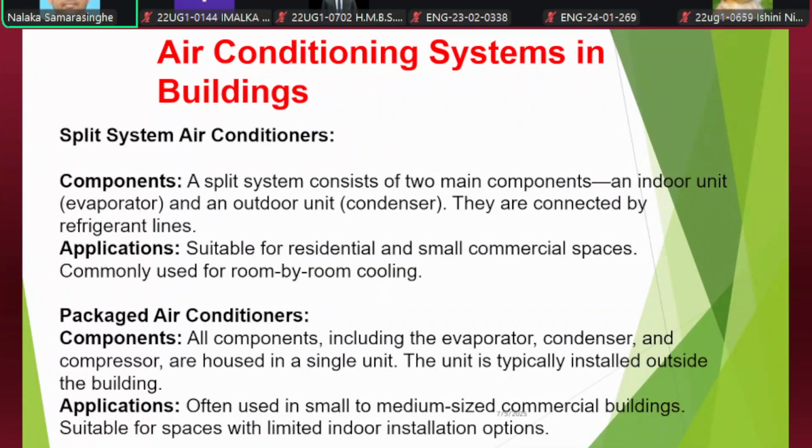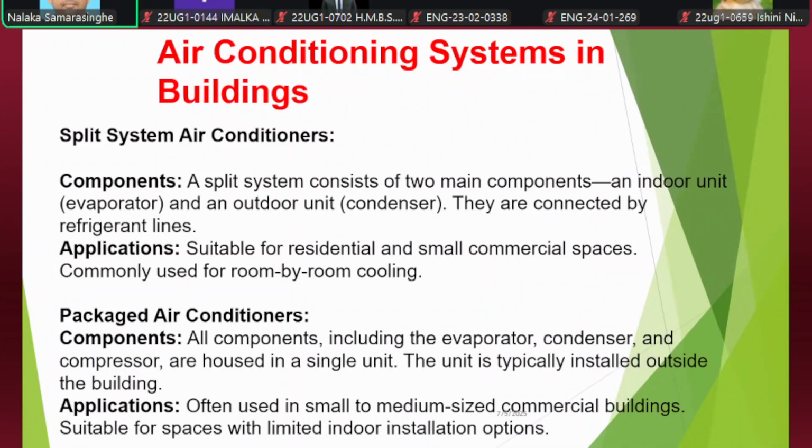So these usually consist of two parts. Usually we call them the indoor unit and the outdoor unit. The indoor unit houses the evaporator that I explained previously, and the outdoor unit houses the condenser. These two units and other components like the expansion valve and the compressor unit are interconnected using copper tubes.